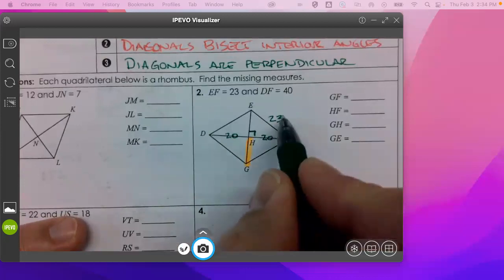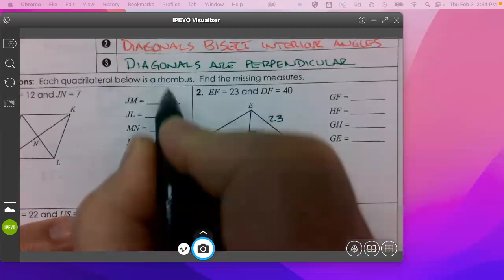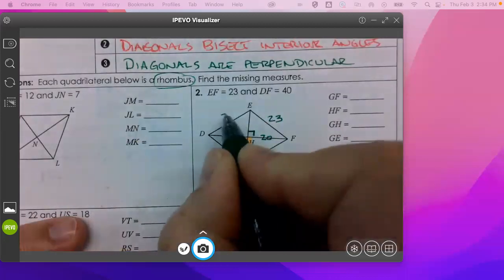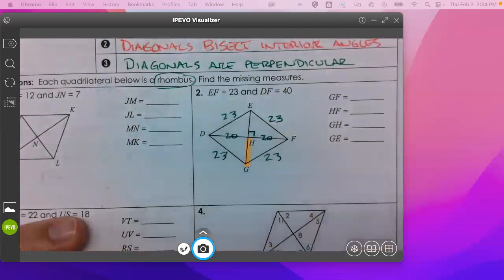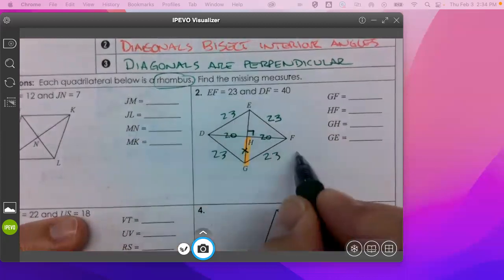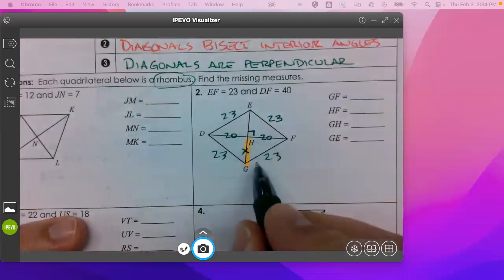Good. Because if this side is 23 and it's a rhombus, then all the sides are 23. All these triangles are going to be congruent. And in this triangle, what we've got is, wait, which one's going to go by itself?